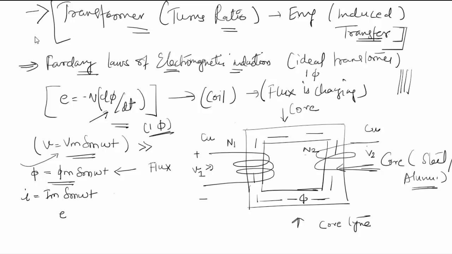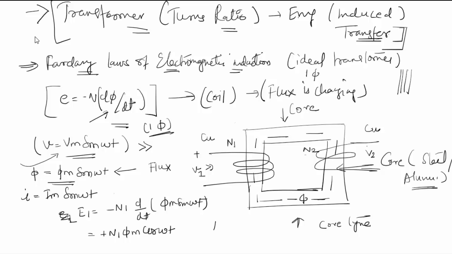So if this is my induced flux, then according to Faraday's law, the EMF induced in the primary turn could be E1 is equal to minus N1 d by dt of phi m sine omega t. So this is equal to minus N1 phi m cos omega t, which will be plus after the differentiation.